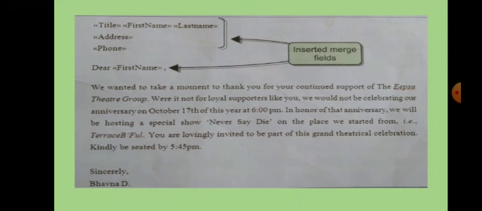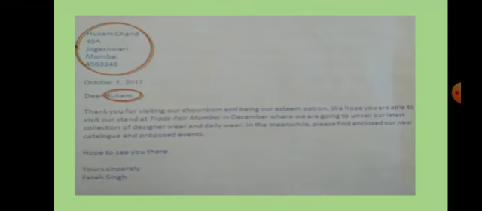Then you have to prepare the main document like this. And after you carry out the mail merge process, the merged document will be displayed like this. And to achieve this mail merge concept, you have to use commands from the mailing tab.